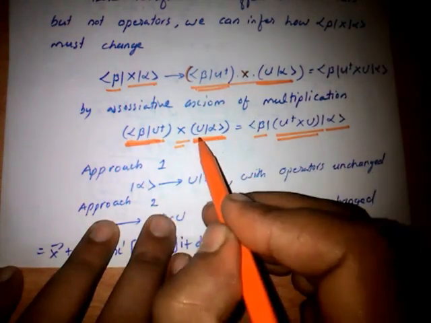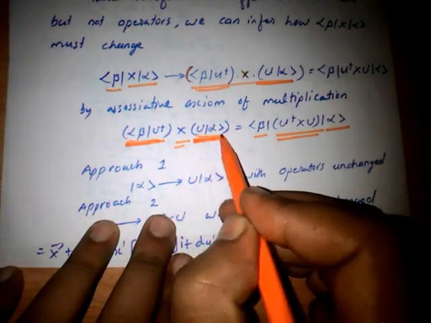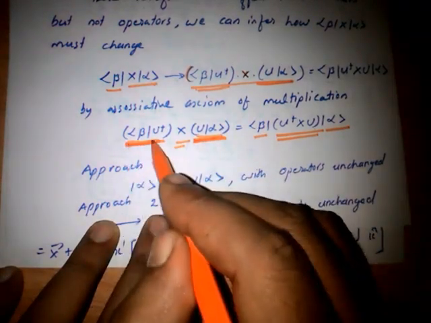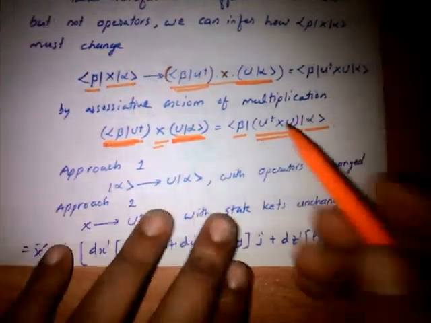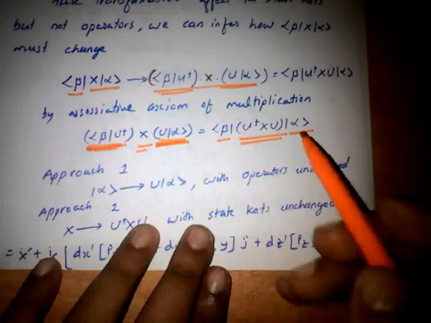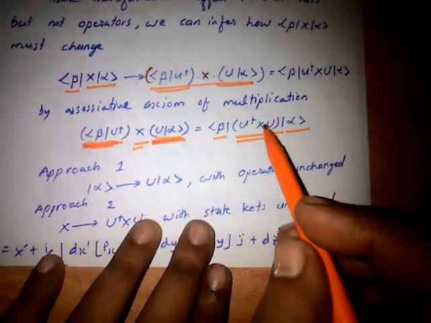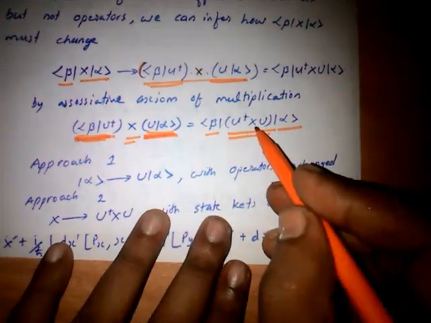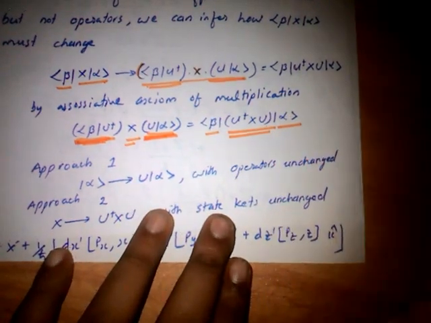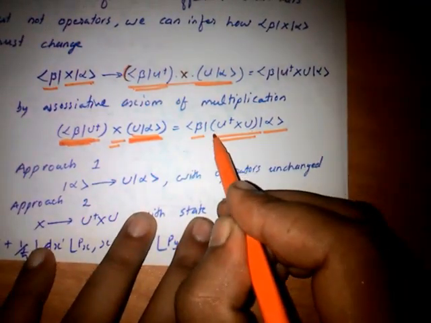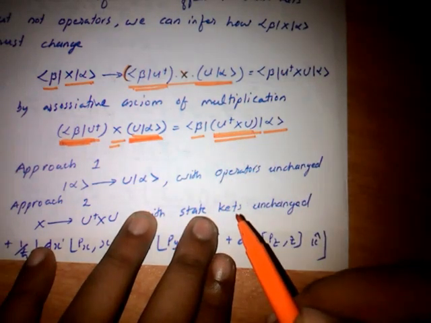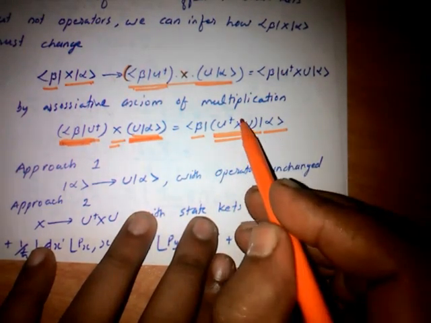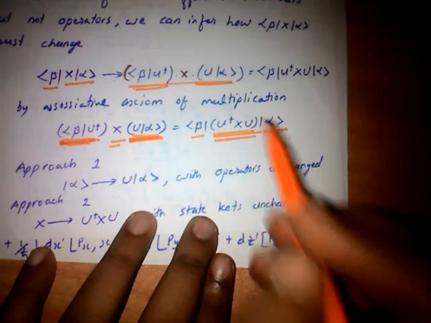So here what's happening, the state is changing. And that is equal to, we can write like this using the associative axiom. Both are right, so we can use beta u dagger x u alpha. That means here this operator is changing, that operator x is changing into u dagger x u.